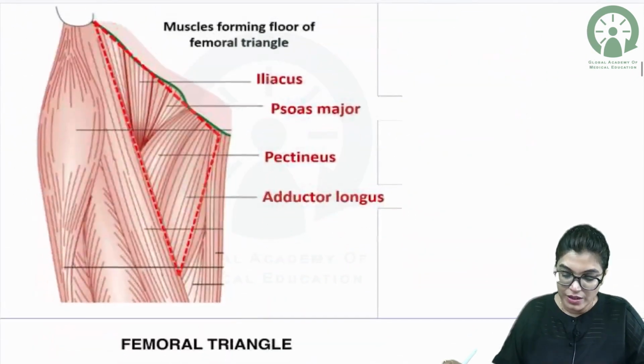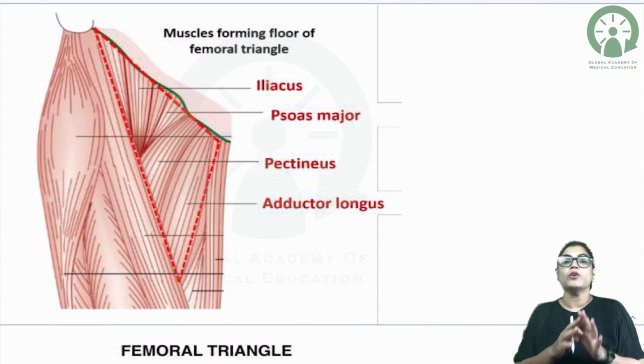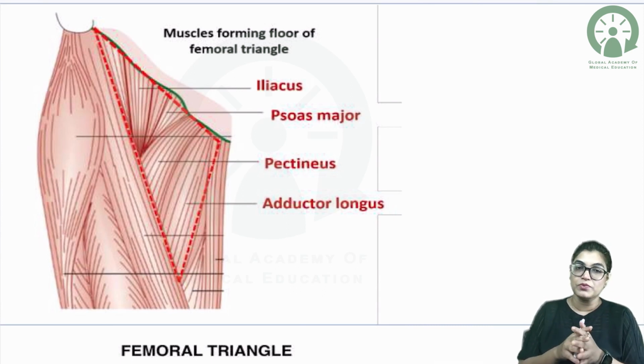So, we have seen the boundaries. Now, it's also important to know the roof, which is covered by the skin and superficial fascia, and there are certain important structures in the superficial fascia of the roof of the femoral triangle.